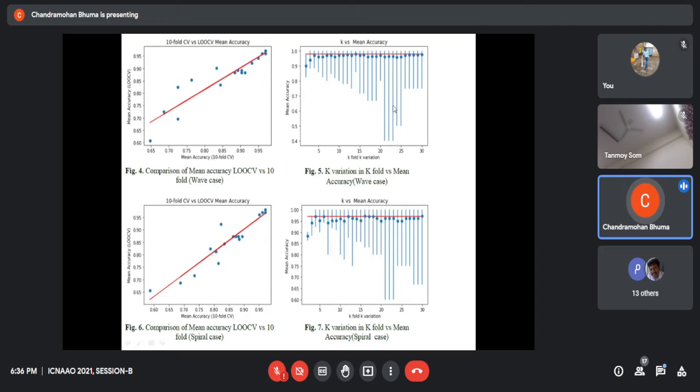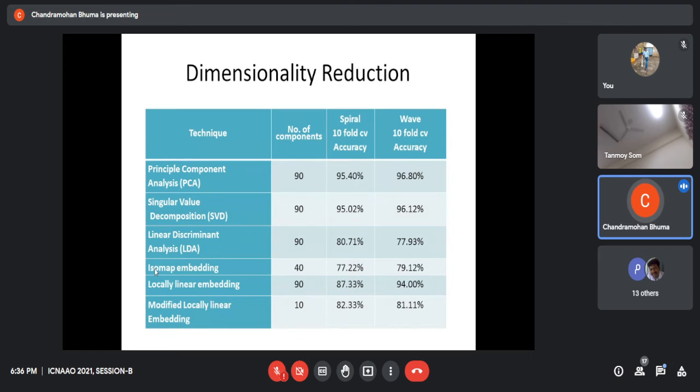If the folds are changed from 5-fold, 10-fold, 15-fold and so on, how the mean accuracy changes is also shown here for both the spiral and wave cases, because the patient will be asked to test both the spiral drawing and the wave drawing. Since the feature vector size is going to increase, we would like to decrease it, and the most prominent dimensionality reduction techniques are employed.